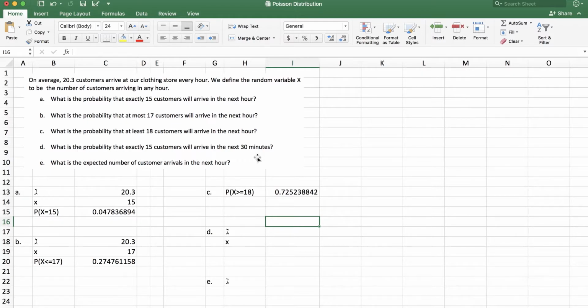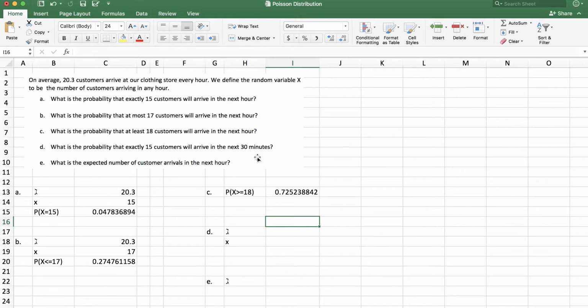If I want to find the number of people that click on my website every 20 minutes, all I need to do is multiply 10 by 2. So if 10 people click on my website every 10 minutes, 20 people will click every 20 minutes. This is the scalability property of Poisson distribution.